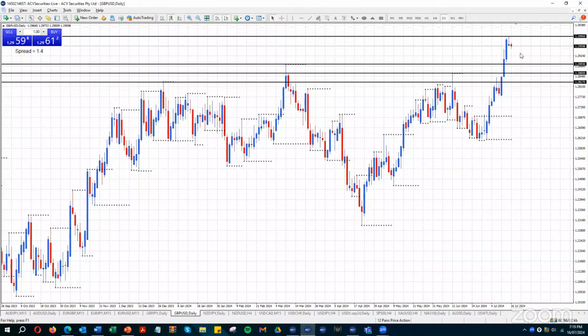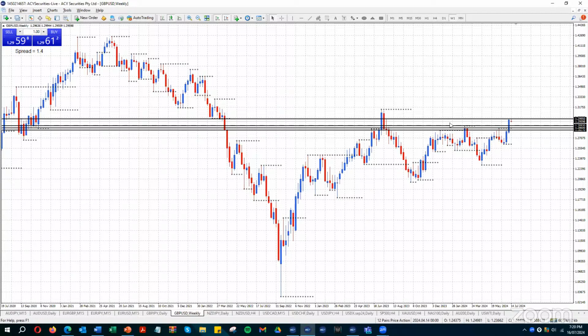Pound dollar. Now, if you go to a weekly chart, of course, this is in an uptrend now. It's flipped back to up, but it's right back into this area over here. So that's 1,300.